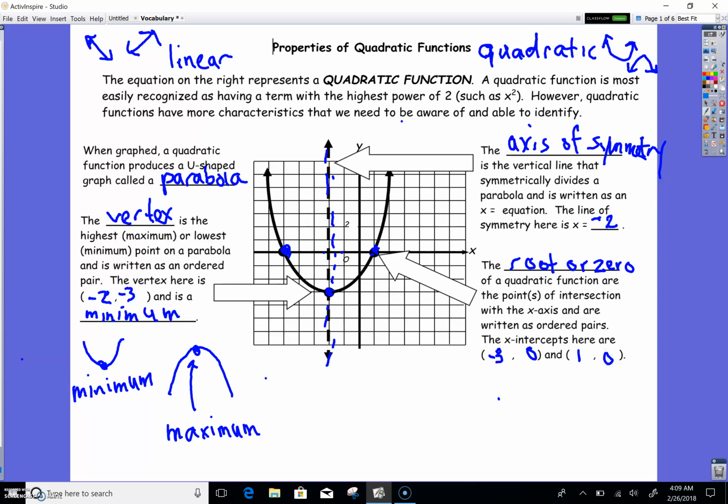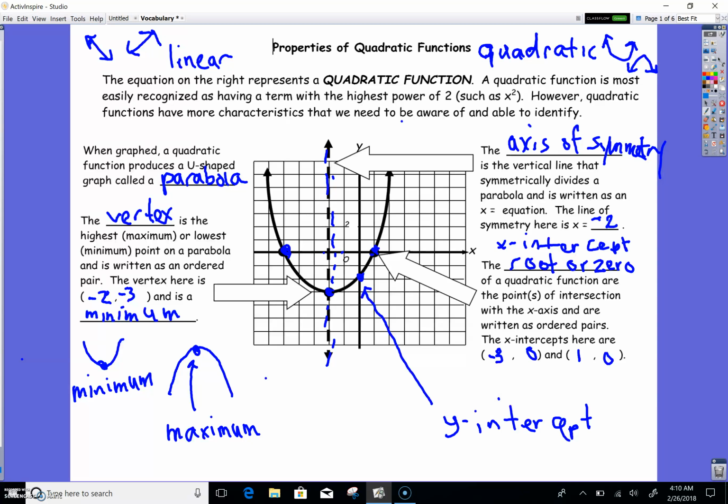Remember, it is still called the x-intercept. We can also call them the zeros. And this point right here is the y-intercept, and we already know what that is. So those are the main properties of quadratics.